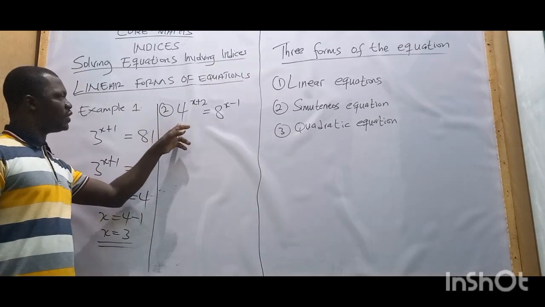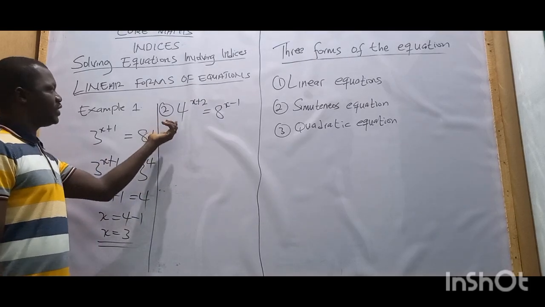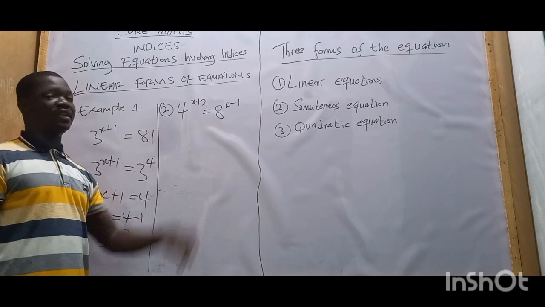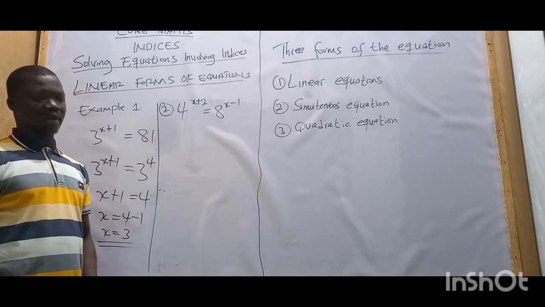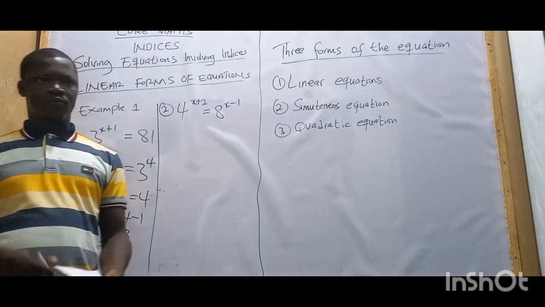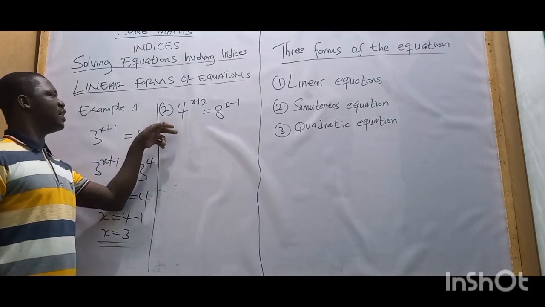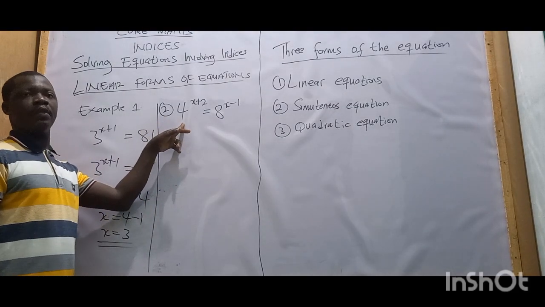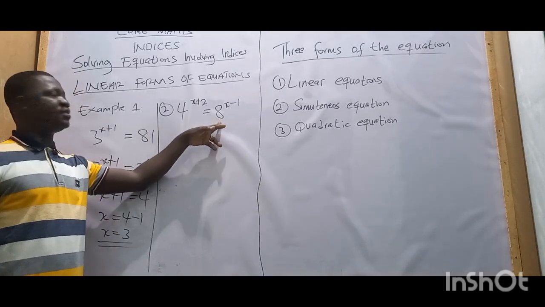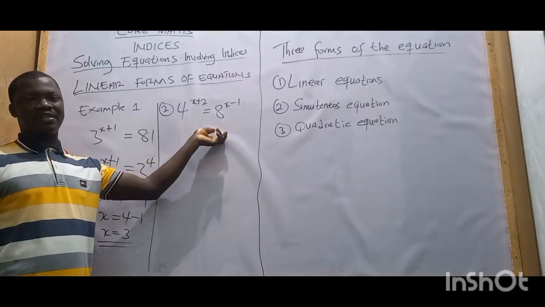So what two numbers should we multiply so that one will give us 4, one will give us 8? Right. So if you check it, 2 multiplied by itself will give you 4. Multiply 2 by itself 3 times, it will give you what? 8. So it means our base is what? 2.